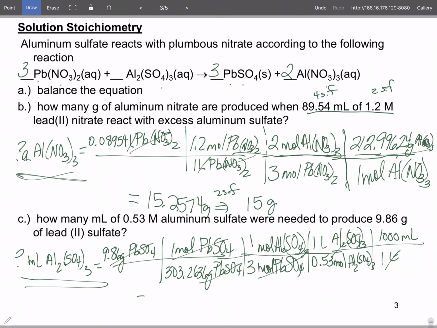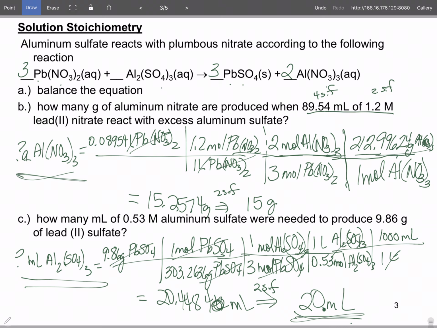That gives me a whopping 20.4484 liters. No, milliliters. How many significant figures? We got 2, 3, 3, 2. So 2 significant figures, so it's 20 milliliters. If I write 20 milliliters like that, that's only 1 significant figure unless I designate it. So if I put a decimal behind that 0, then it's 2 significant figures. Okay?